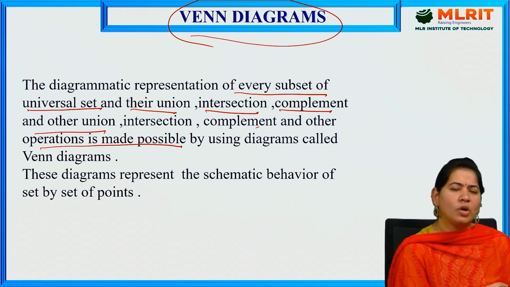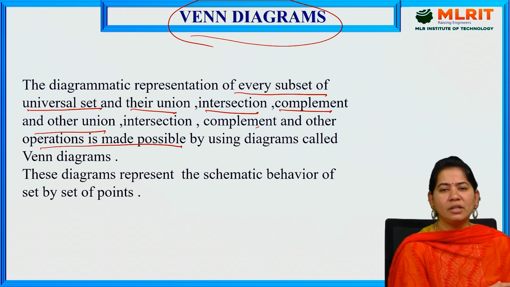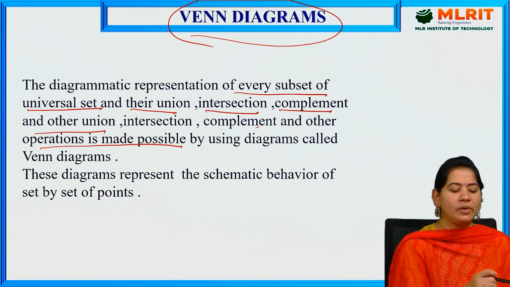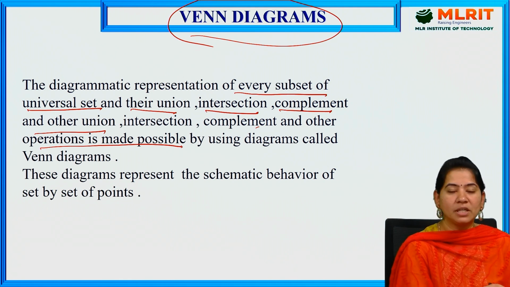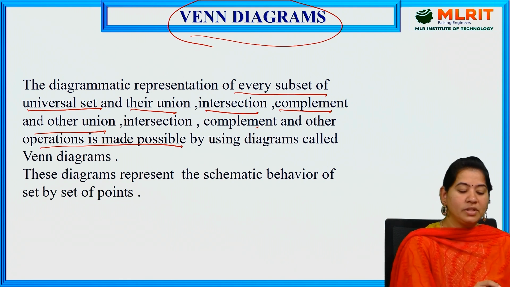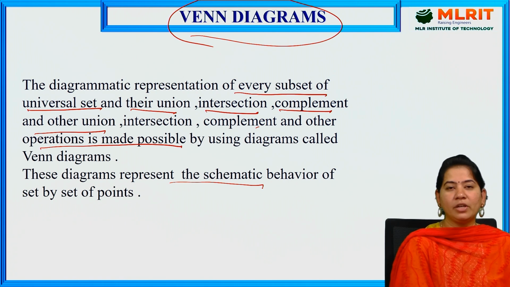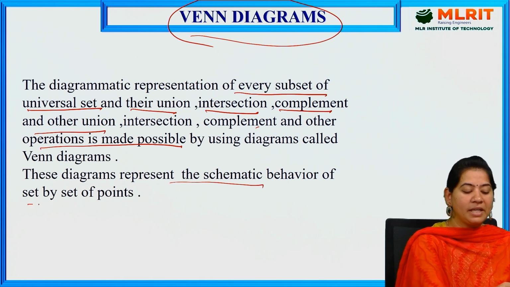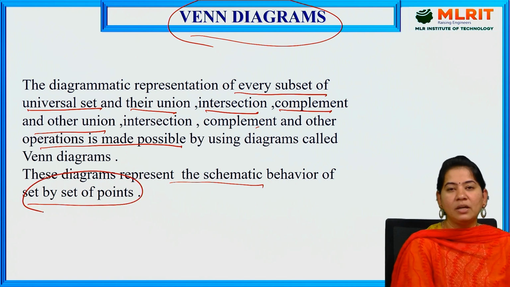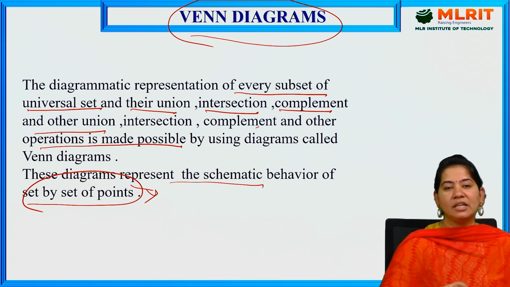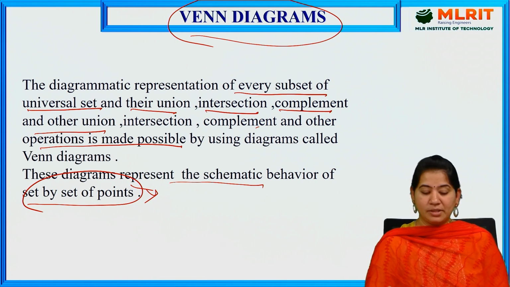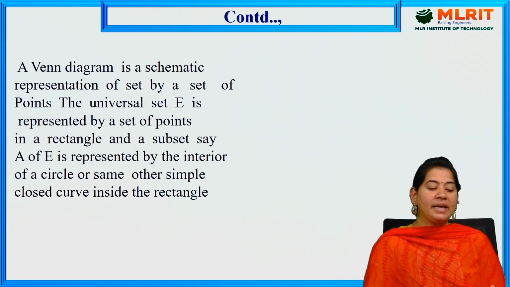Whatever operations like union, intersection, or complement you represent in the form of a diagram are called Venn diagrams. These diagrams give a schematic representation of sets.